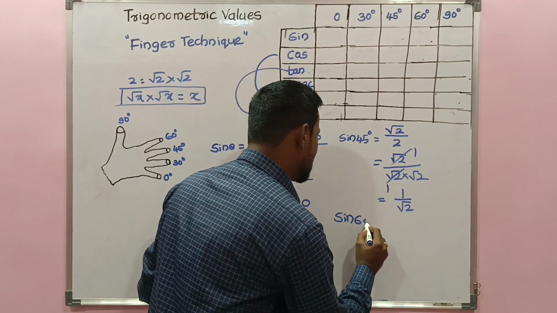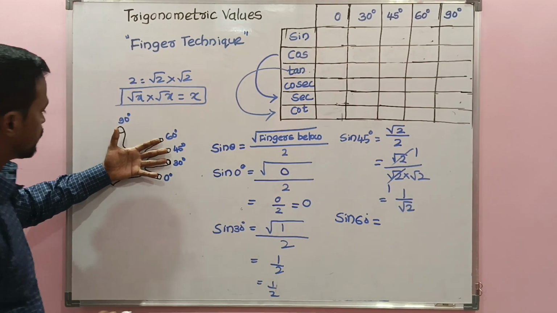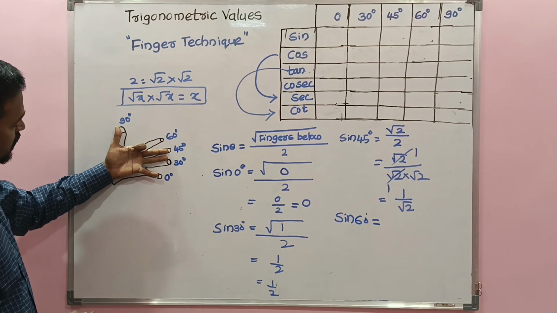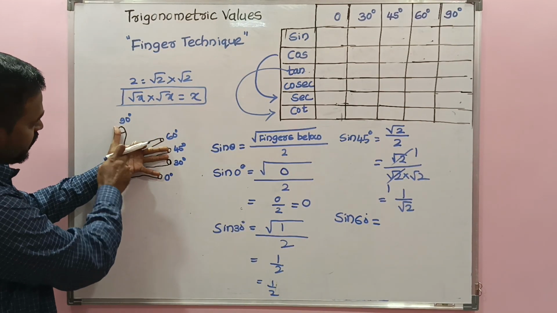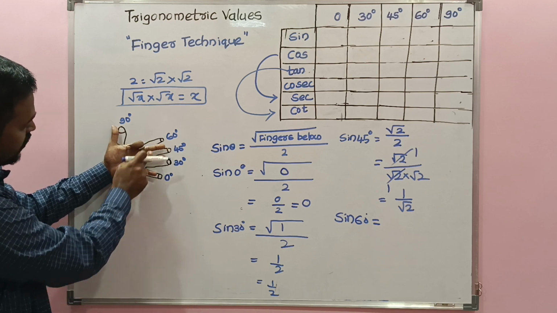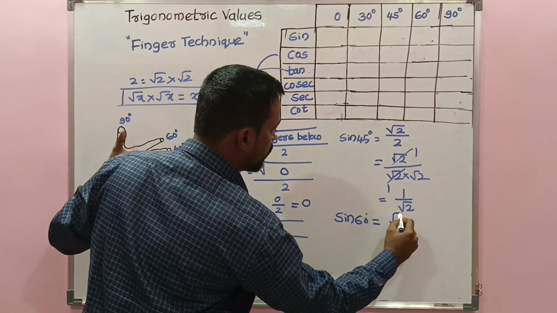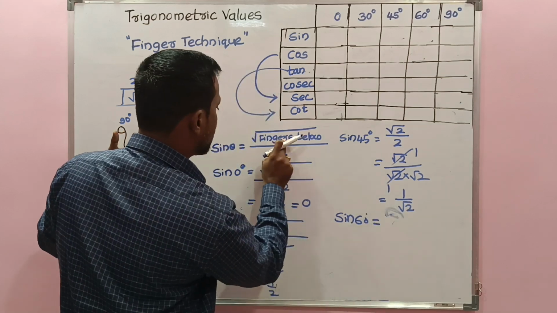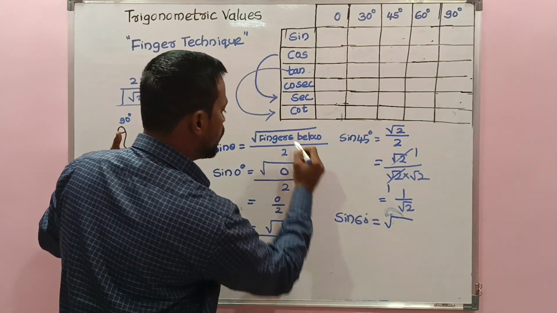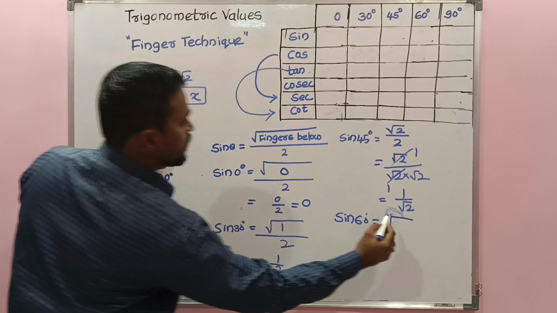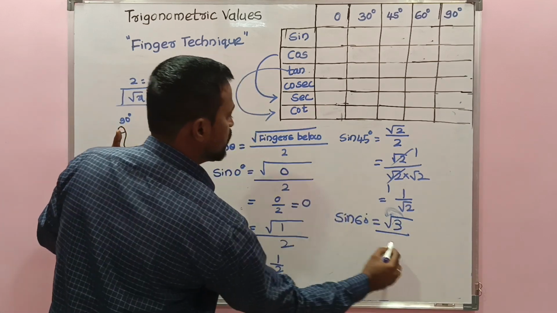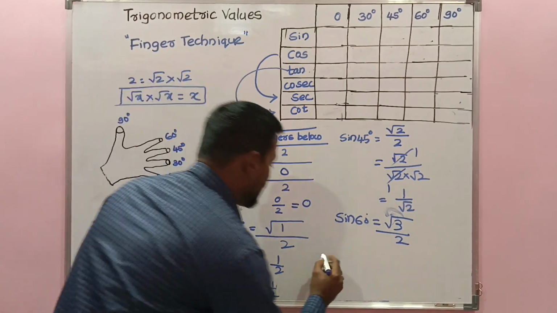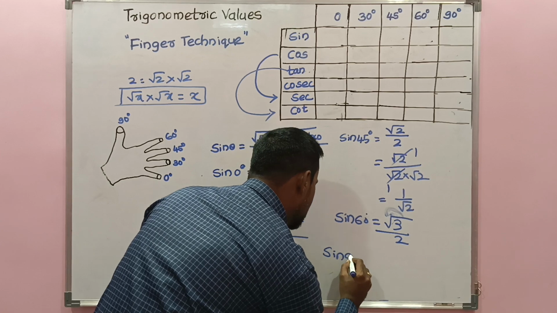Now for sine 60 degree, what is the value? So fold the showing finger. How many fingers are below this finger? 1, 2, 3. Therefore I'll write under root of 3 divided by 2. Similarly last one, sine 90.